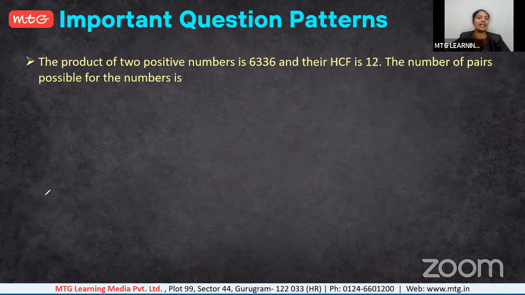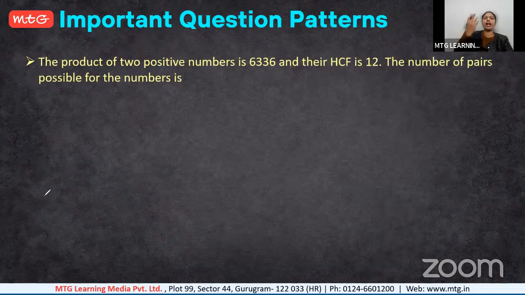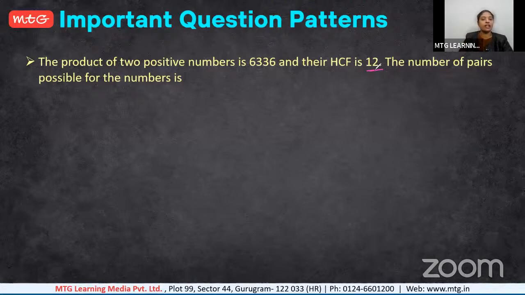So in these cases, I'll tell you how you can visualize your solving. Okay, let's see. I don't know what my numbers are, but I know their HCF. What is the meaning of HCF? That is the highest common factor. So apart from this, whatever the factors are there, they are co-primes. Like A and B are 2 numbers which are co-primes, you think.